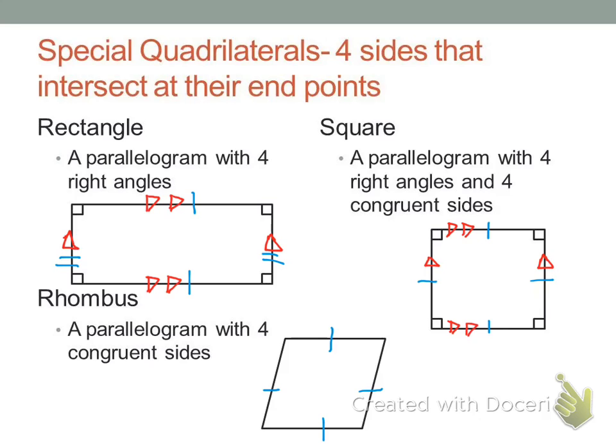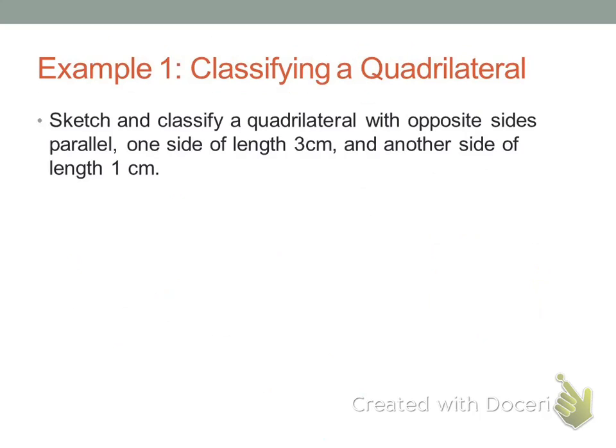Alright, so today we're just taking a step further and just talking about the different markings. Hash marks show congruent sides and the arrows show parallel sides. Now, in example 1, we're classifying a quadrilateral based on the clues that it gives us. Okay? So, we're going to draw it, that's what it means to sketch it, and then we're going to classify it. What type of quadrilateral do I see?